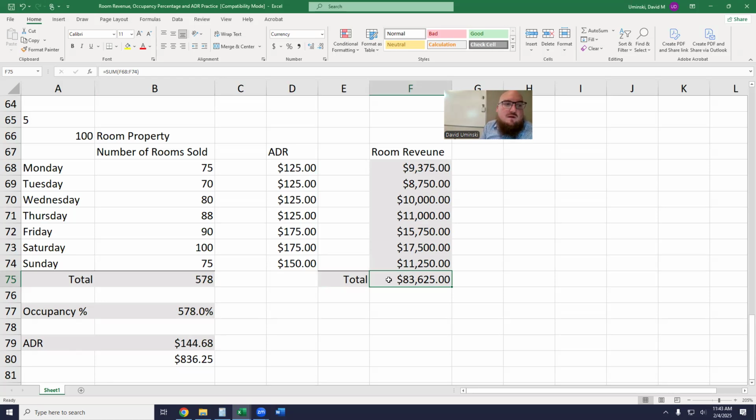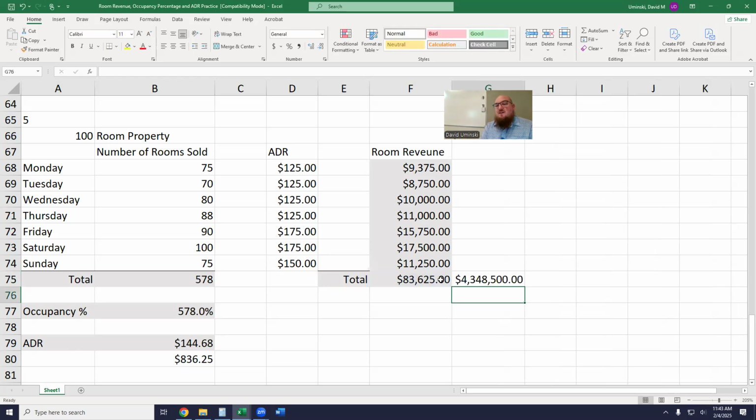This is for 1 week. Let's just say for fun that this is what we would do every single week out of the year. That's $4,384,500 for the year in revenue just from selling the rooms.